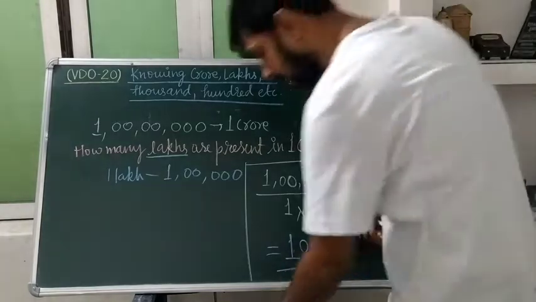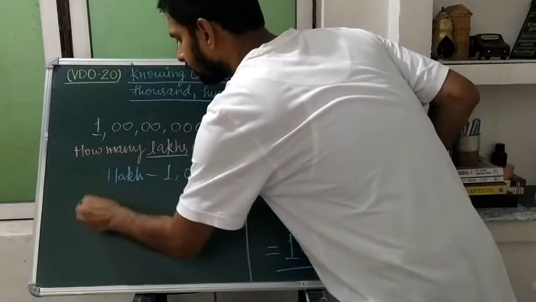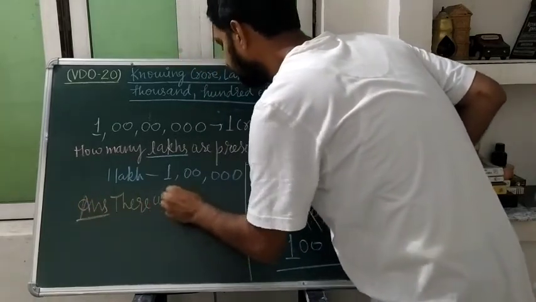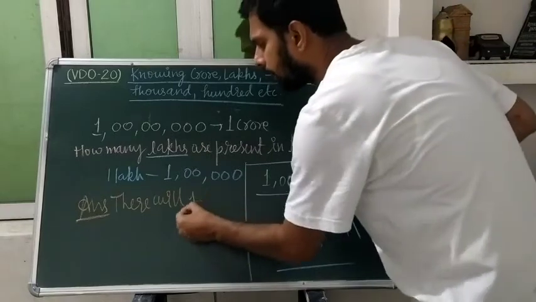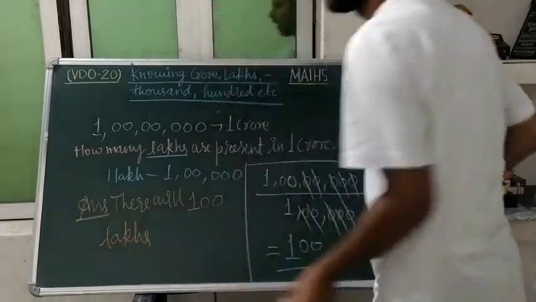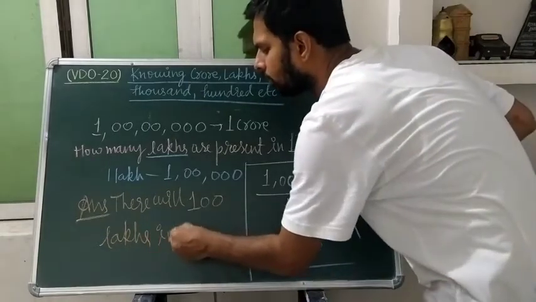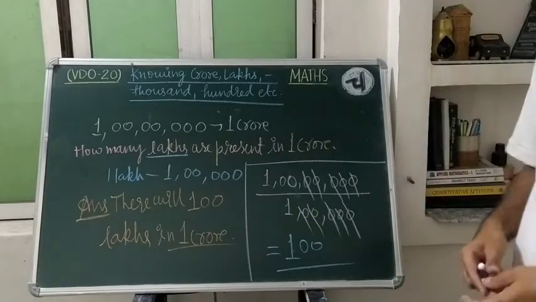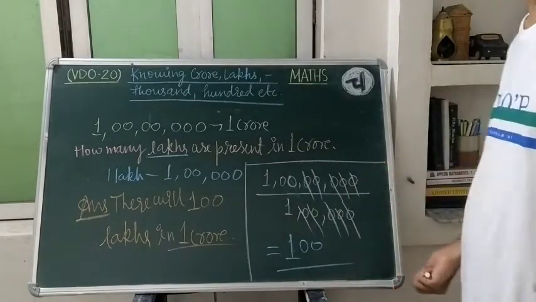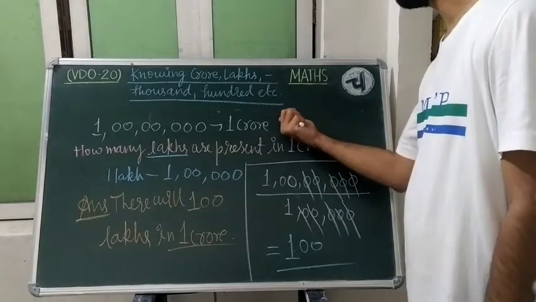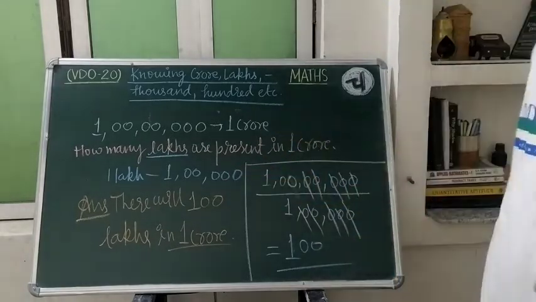So the answer will be 100 lakhs in 1 crore. You can think in your mind as well. 100 lakhs means 1 crore. How can we do it? We can divide 1 crore by 1 lakh.